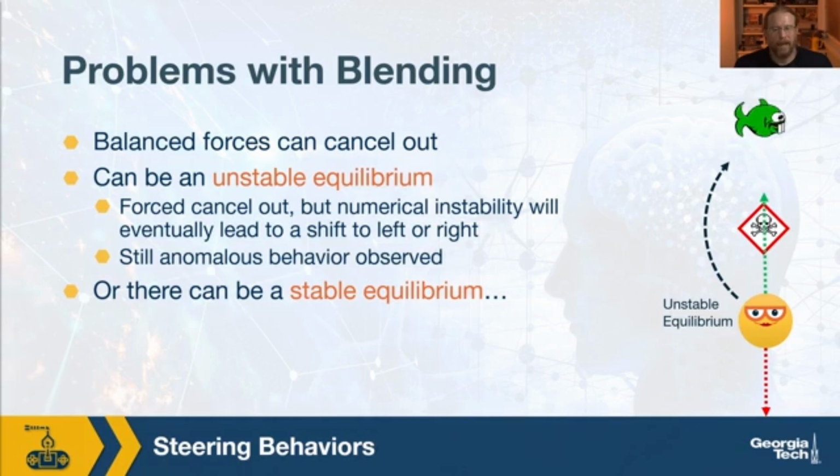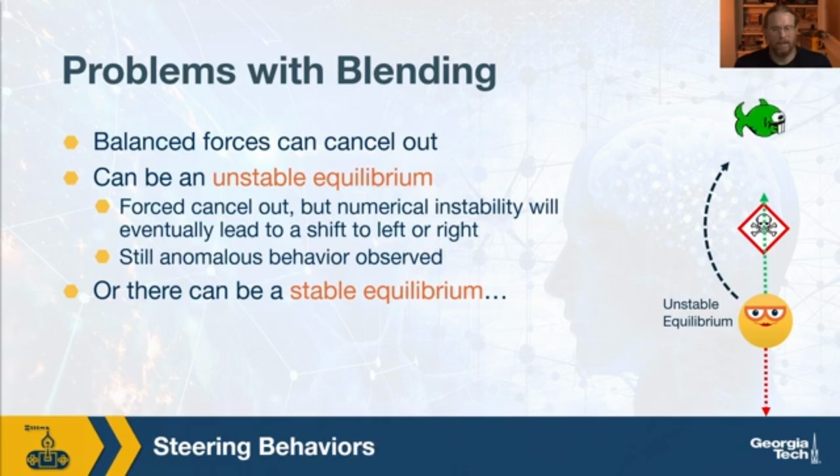So that means we have an attractive force for seeking our goal, and then also this repulsive force for staying away from the danger. Those can balance out or cancel out. And in this scenario, this would be an unstable equilibrium. And it's kind of like balancing a broomstick in your hand.